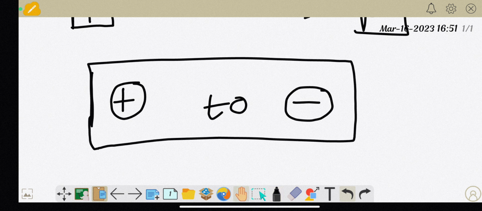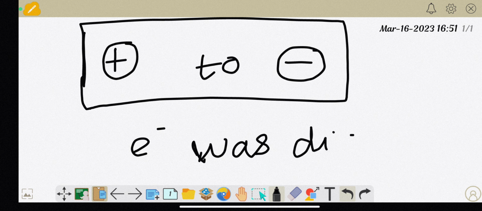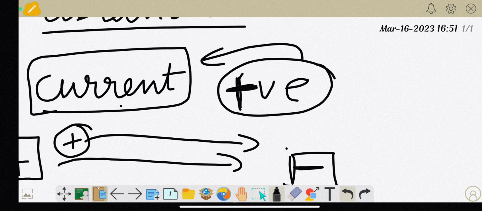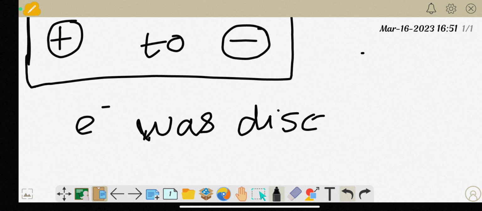Okay, later what happened, the electron was discovered. Now the same scientists who said positive charge is responsible for current, whatever they said about this is wrong, correct?